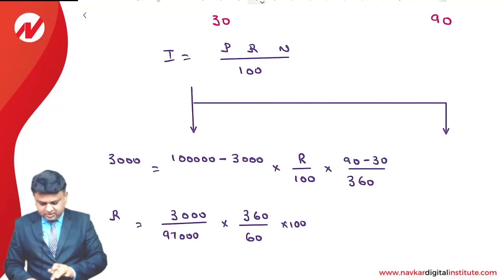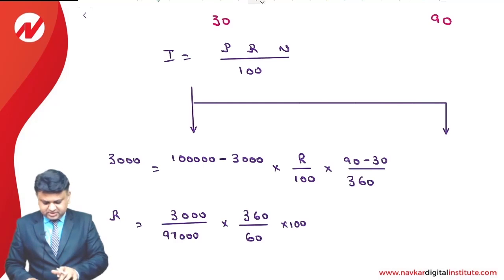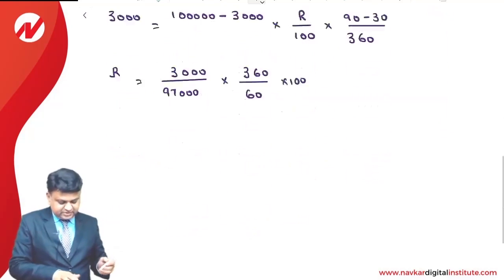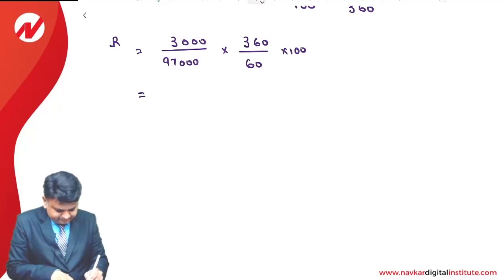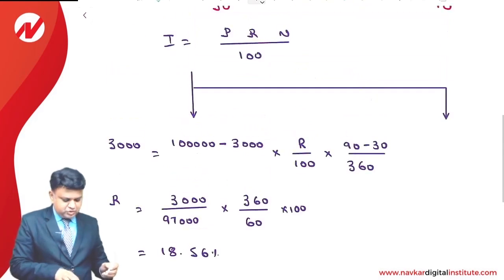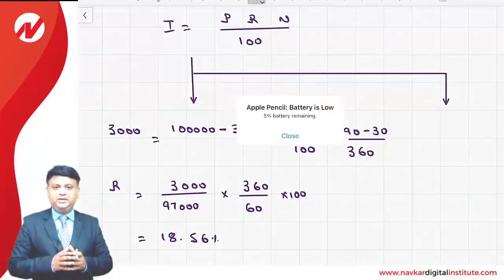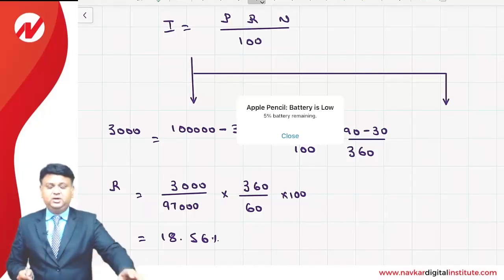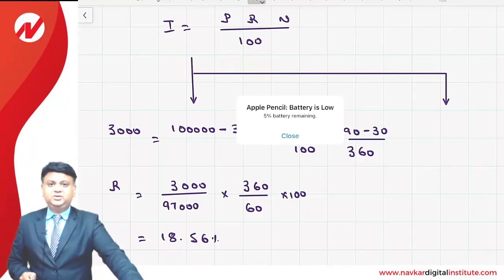So here it is 3,000 upon 97,000 into 360 upon 60 into 100. It comes to 18.56%. So instead of taking this 1 lakh rupee value, suppose you take the lower amount, 100 rupees, even in that case you will get the same answer.